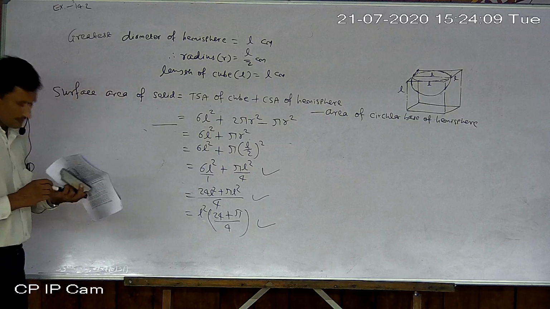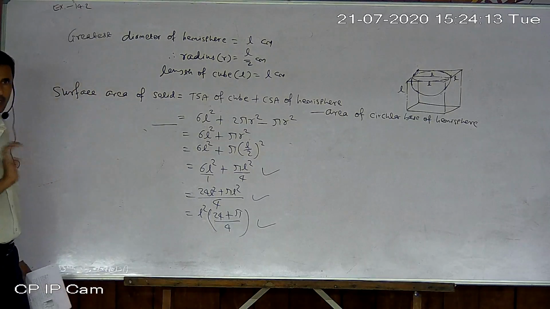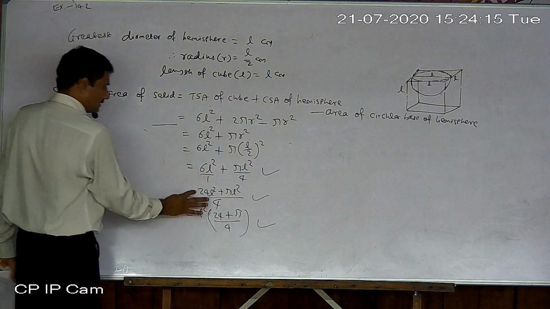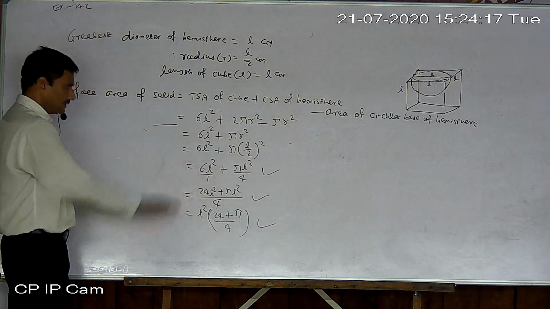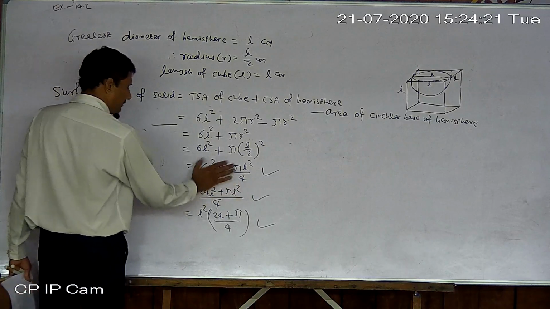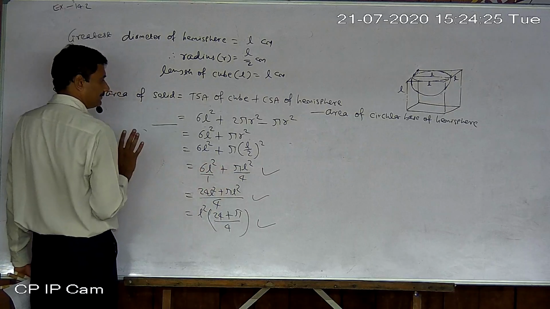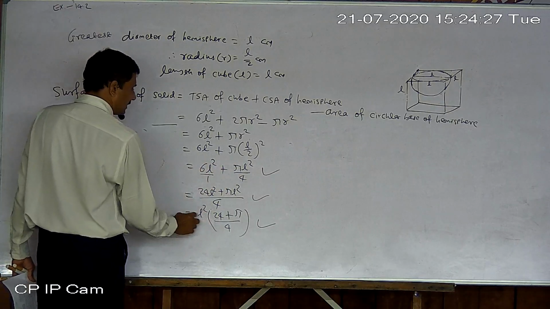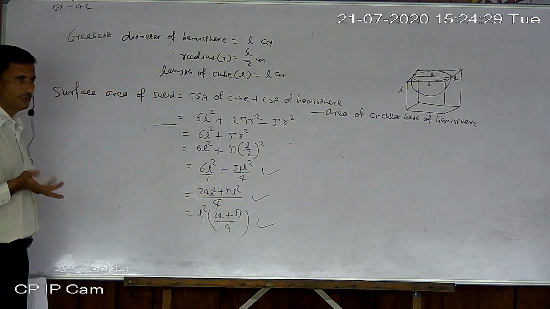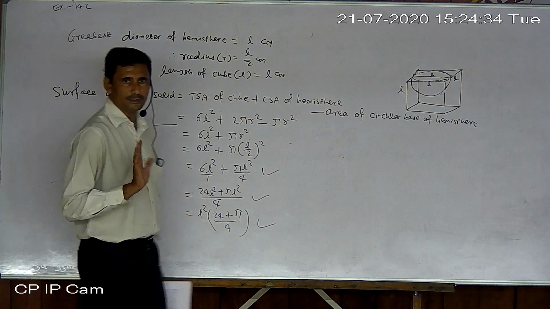Okay, so this one is also answered. In this way we have to give the answer, but that is not clear. You just look at the back pages of the textbook, how they have given the answer. According to that only you stop. Otherwise write everything, no problem. This is only simplification over here. I just took LCM here, cross multiplied. Then L square was common, so I took L square common. Without taking LCM, you can take L square common also. That does not matter.